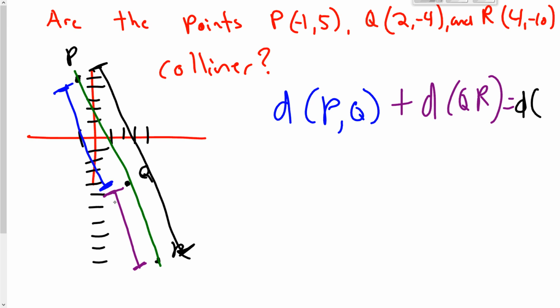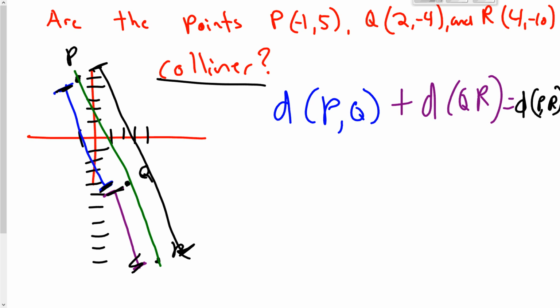The parts are always going to equal the total. So the parts of the line will equal the whole line. I'm taking the two parts of the line and adding them together. If they equal the whole distance, the distance from P to R, then they would be collinear. Okay?